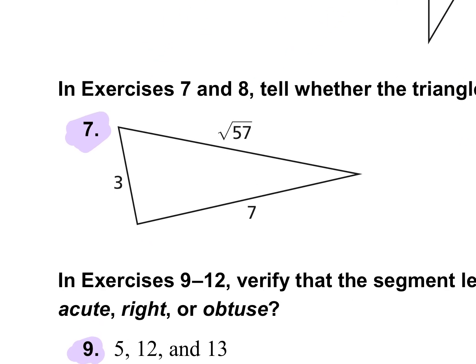If I plug in the square root of 57, that's going to give me 7.5. So I know that 7.5, or that square root of 57, is going to be my c. Everything else is either going to be a or b.